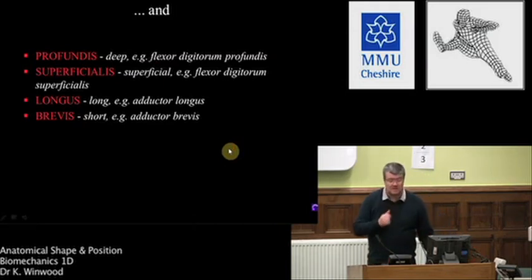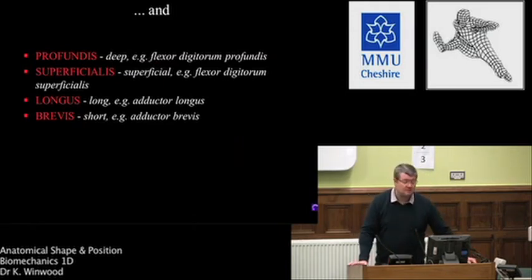We've got other words that we've got to learn, for example, profundus. Profundus basically means deep. It means any of the deep sections of tissue, such as the flexor digitorum profundus. If we break it down, we know that it's a flexor muscle that moves the digits, the fingers, and profundus meaning deep, so it's a deep section of muscle tissue.